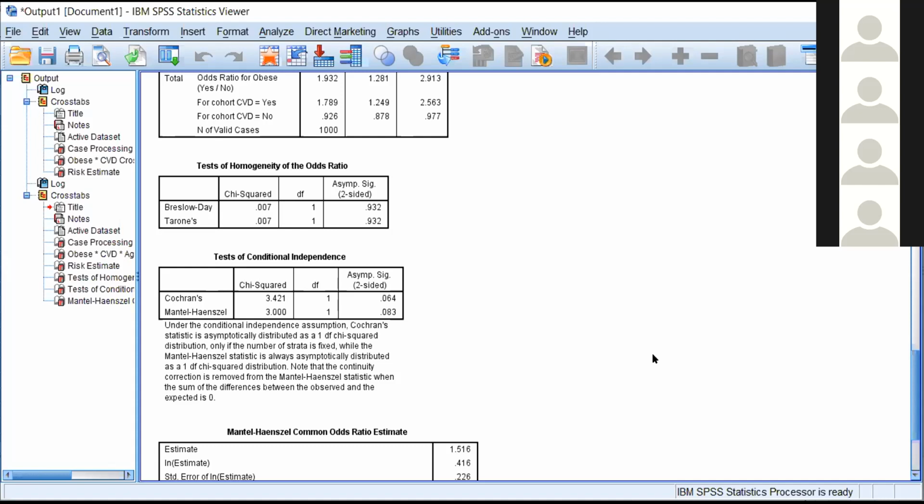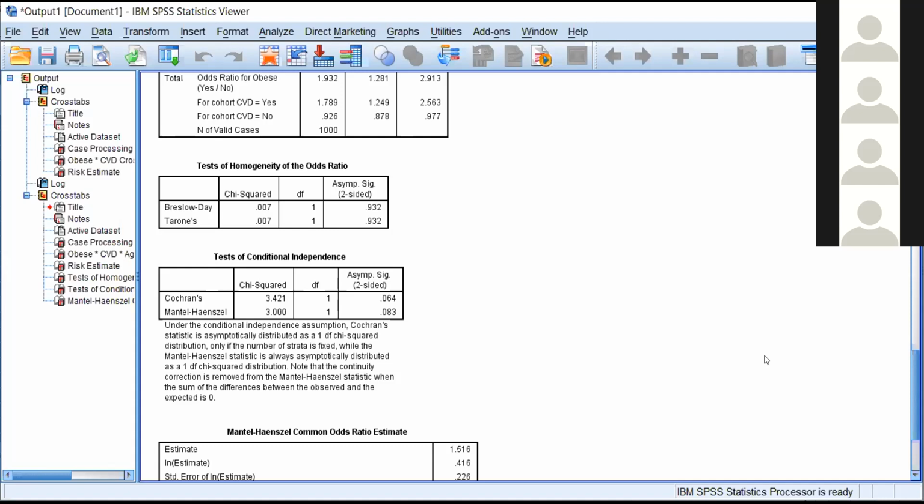So we now want to see, is it due to a confounder? Look at the next step, the test of conditional independence. Can you see it? Is there any difference?